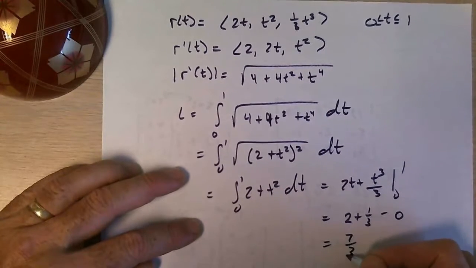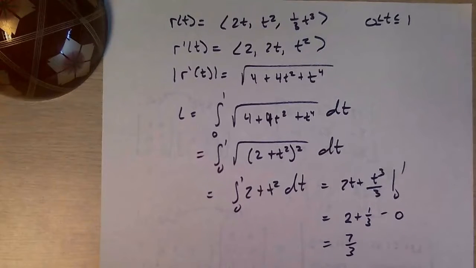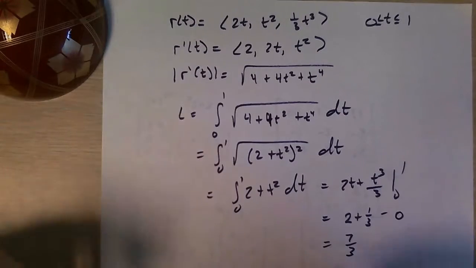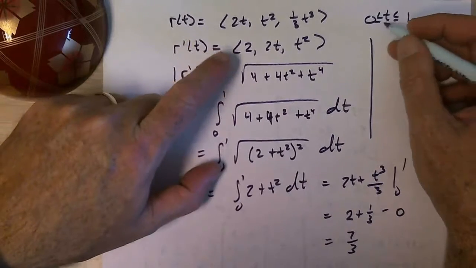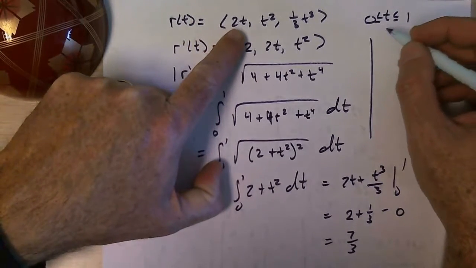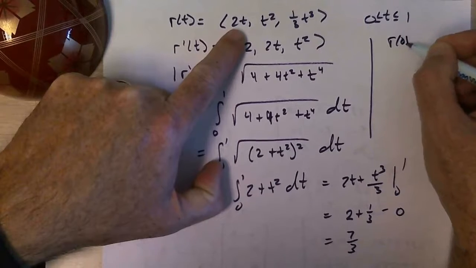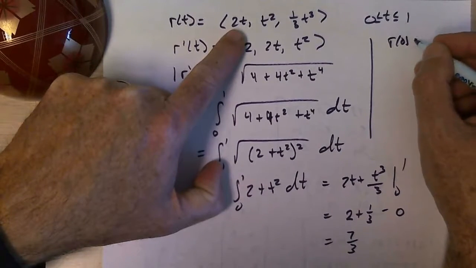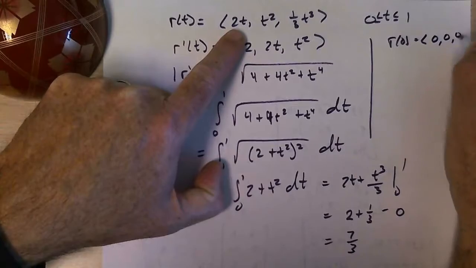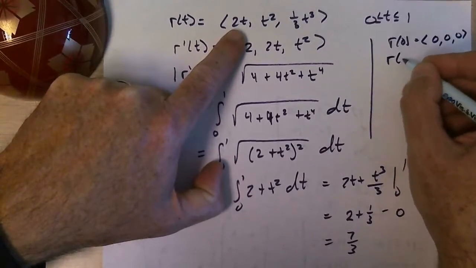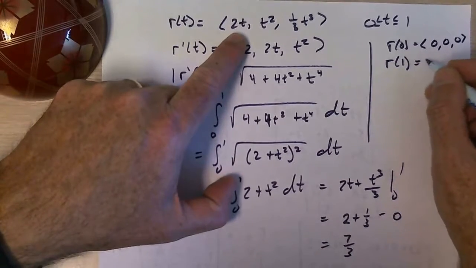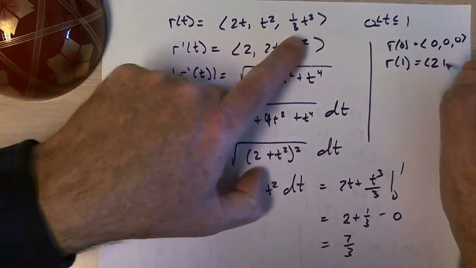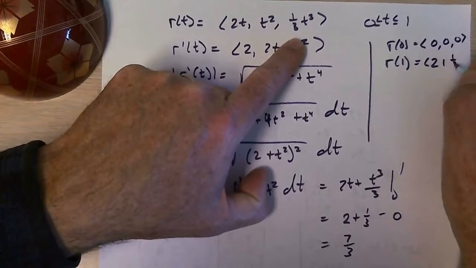7/3. Okay. Now I do have one sort of reality check I can do here, in that I can do the straight line from the starting point to the ending point. So, right, if I plug in r of 0, I've got 0, 0, 0. So this starts at the origin, and when I plug in a 1 for the other endpoint of the interval, this would be 2, 1, 1/3.